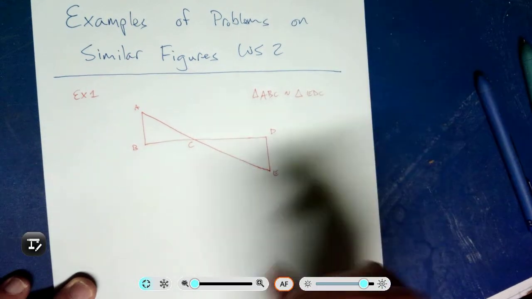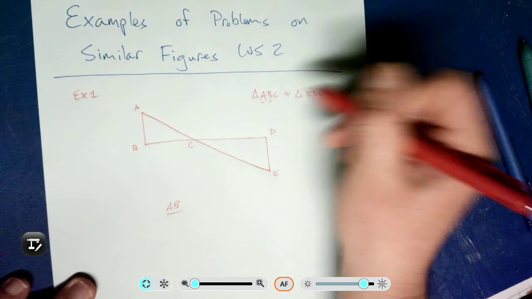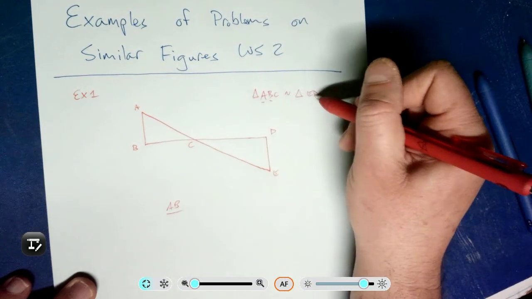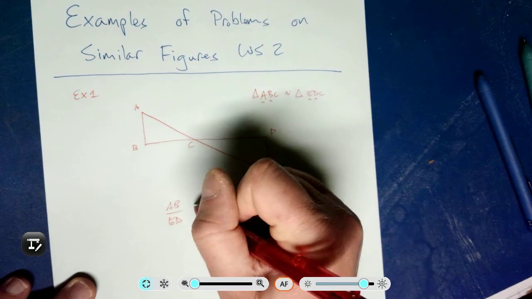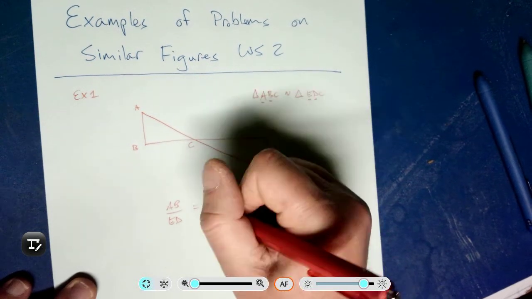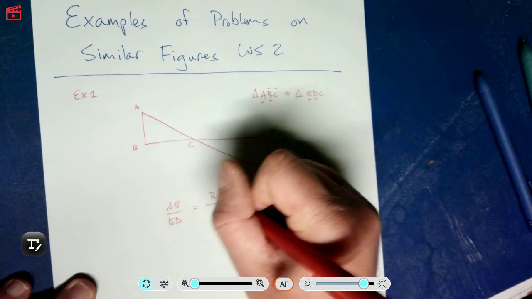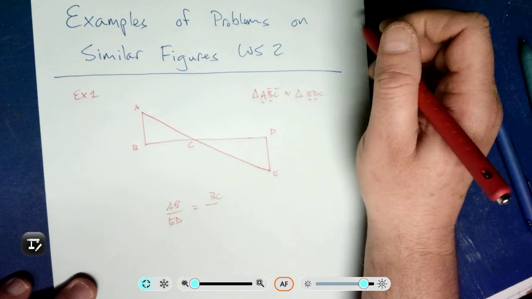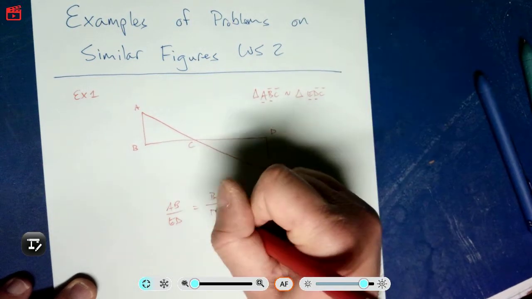So what that means is side AB, the first two letters here, will correspond with side ED in the other triangle. So AB over ED equals, let's do BC, the last two letters in our similarity statement, over DC.